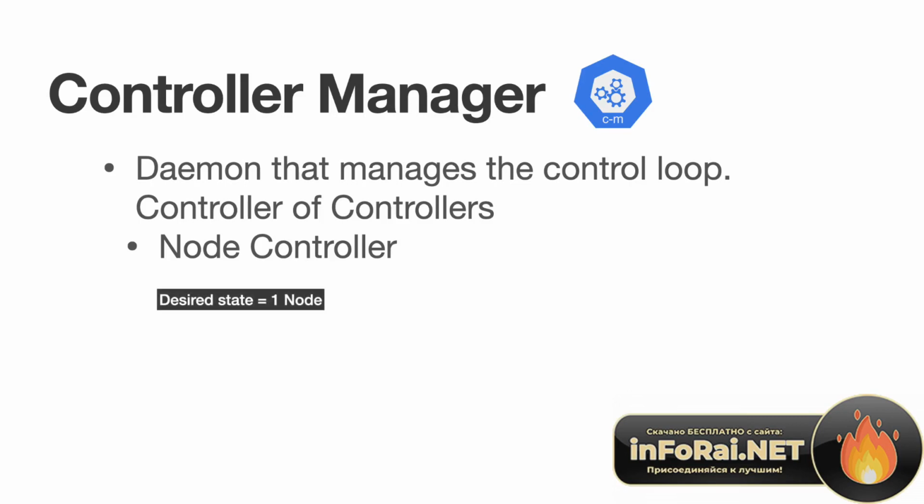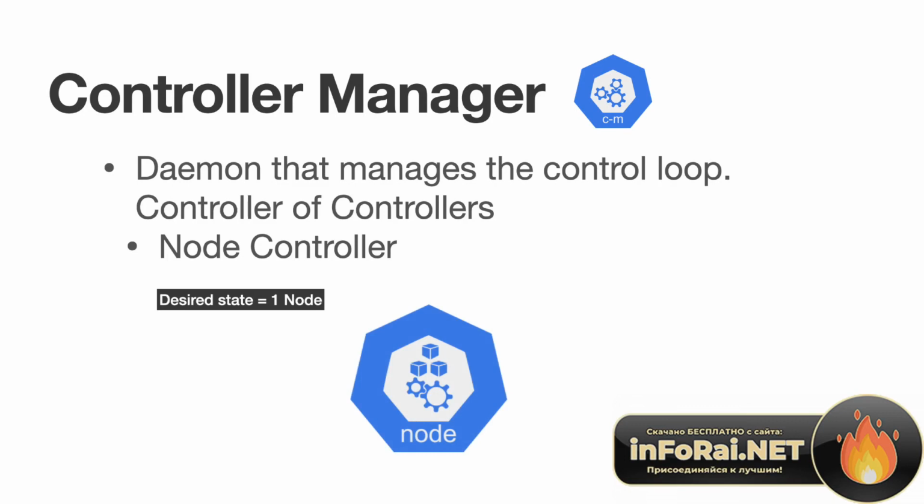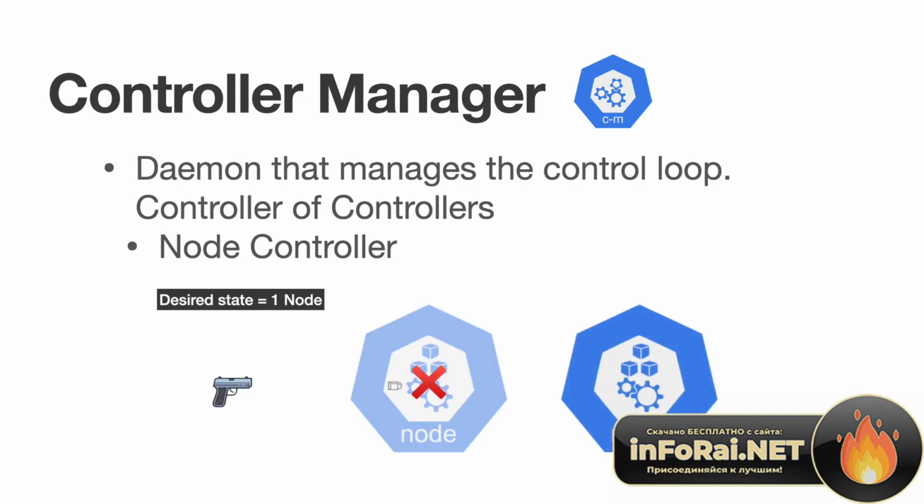This is not the actual way to do it, but this is just an example. If we have 1 node, and this node dies, maybe it has a disk failure, or it ran out of memory, or any other factor, then the node controller is responsible for bringing another node. So this is the purpose of the node controller.